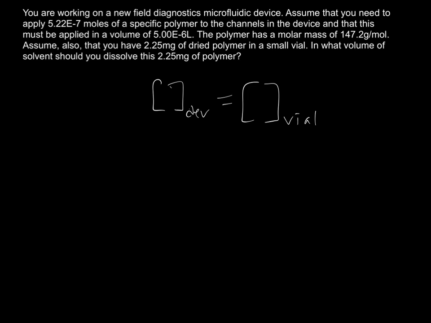We know from the first problem that we have these 2.25 milligrams of polymer in the vial, and that the device only needs so many moles of polymer and so many liters of solution of that polymer. Because these concentrations are equivalent, moles of polymer in the device divided by liters of polymer in the device is equal to moles of polymer in the vial divided by liters of polymer in the vial.